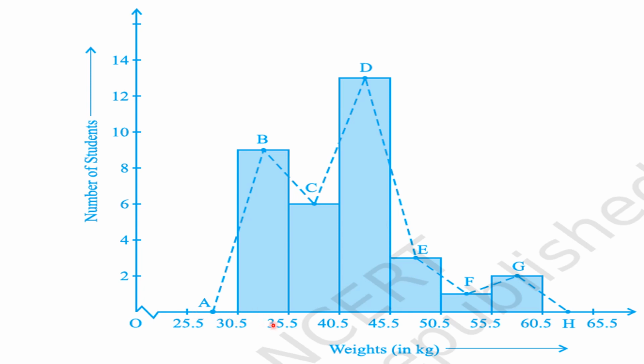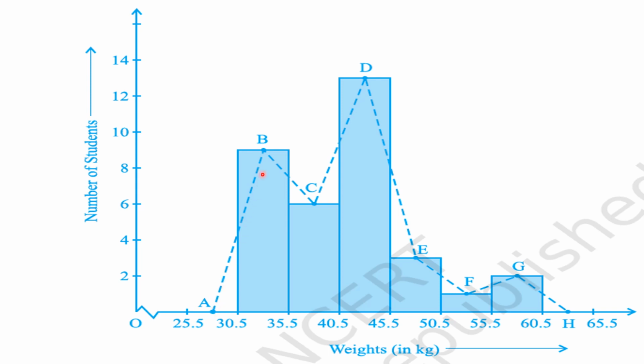Here it is 30.5 to 35.5, so before this we have assumed 25.5 to 30.5 with 0 frequency. Similarly, after the last rectangle we have assumed a class interval 60.5 to 65.5, a class interval with frequency 0. So the midpoint of this class interval is H. Here we have considered A as the midpoint of the first class interval.